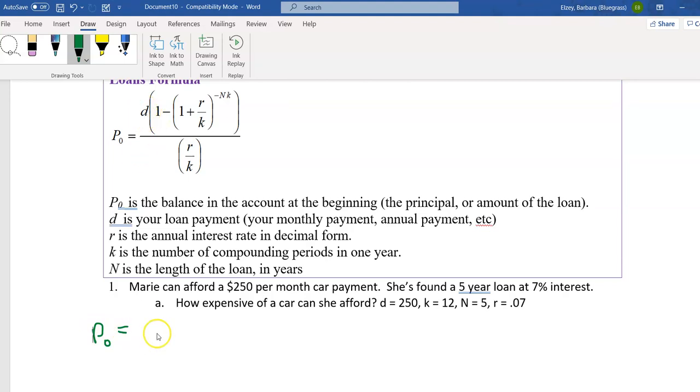But we do know D. D is 250 on the top of our fraction, out in front of these parentheses. 1 minus another set of parentheses, 1 plus R over K, 1 plus 0.07 over 12, raised to the negative NK, negative 5 times 12.